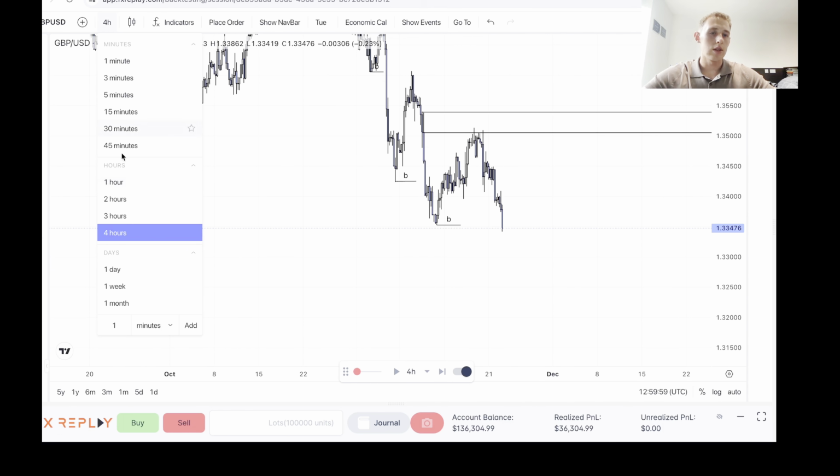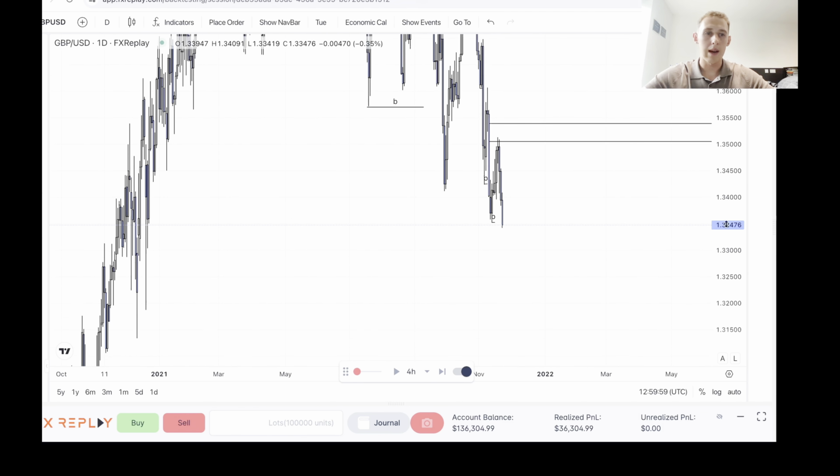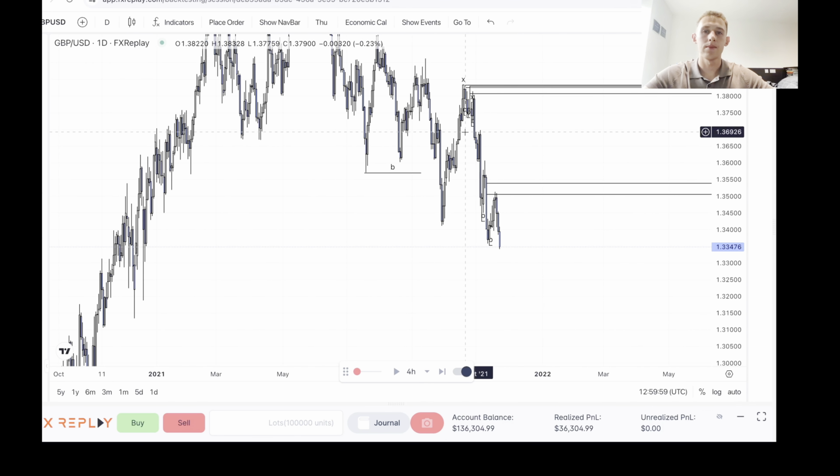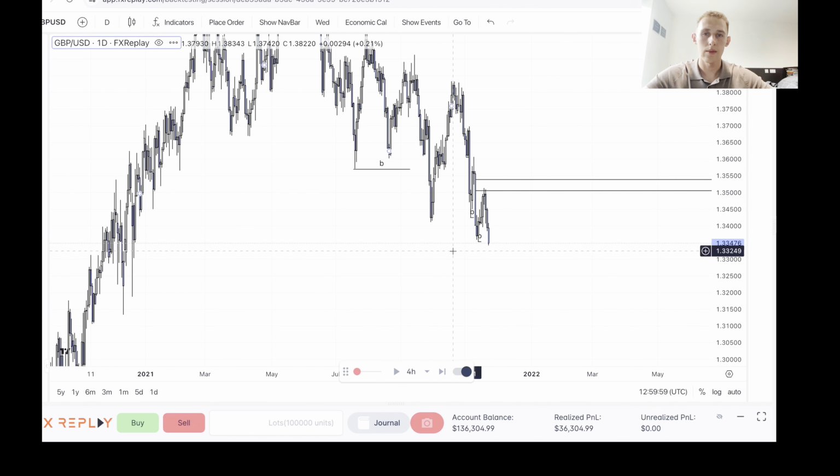So I'm scrolling back out to the daily. What do we have? Gonna get rid of some of this as well, just to clear it up a little bit. So very clearly the daily time frame is still overall bearish.